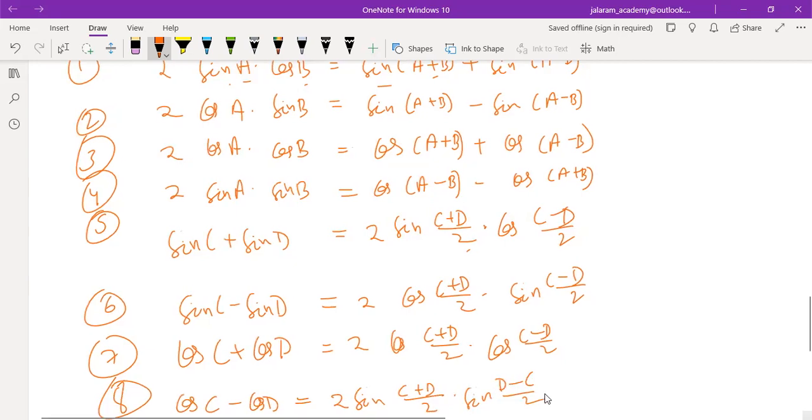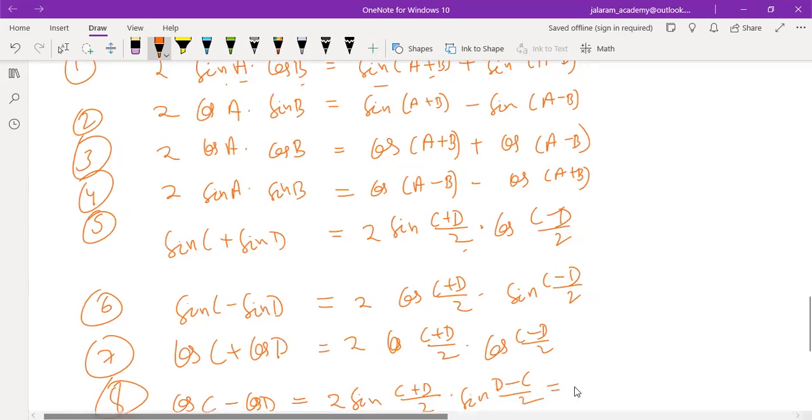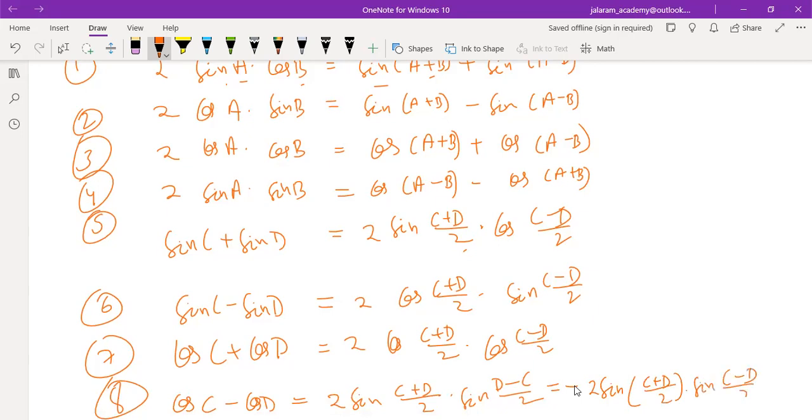It has a slight difference as it is producing D minus C. Or if we write minus outside the formula, it is minus 2 sine (C plus D)/2 into sine (C minus D)/2. So these 8 transformation formulas, we must learn them properly. Then only we will solve the questions related to them. First, learn all these.